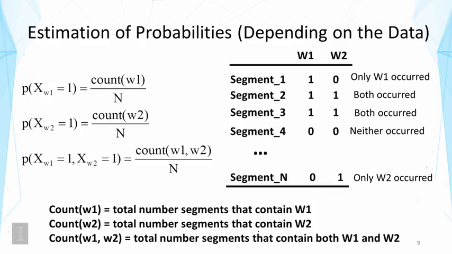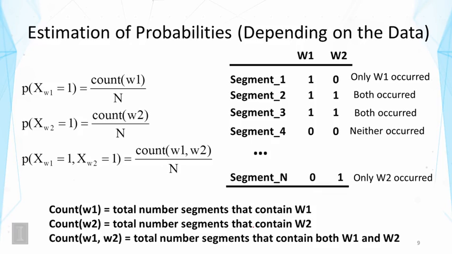This gives us the total number of segments that contain W2. The third count is when both words occurred. This time we count the segments where both columns have ones. This gives us the total number of segments where we have seen both W1 and W2.